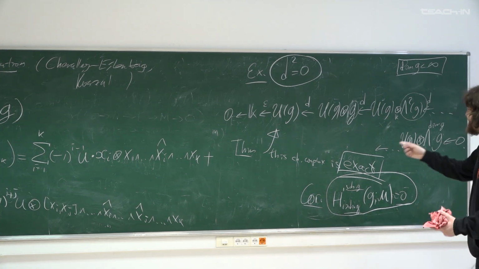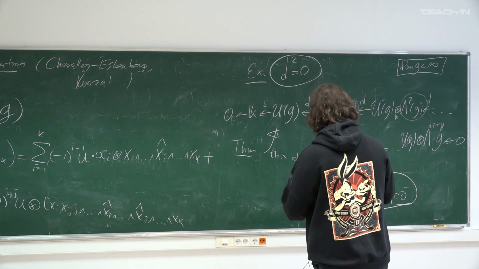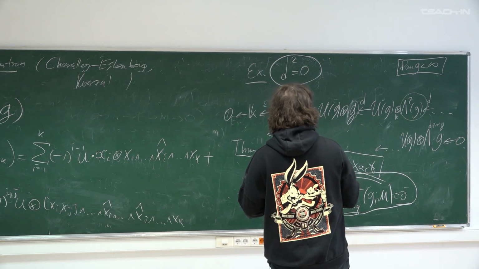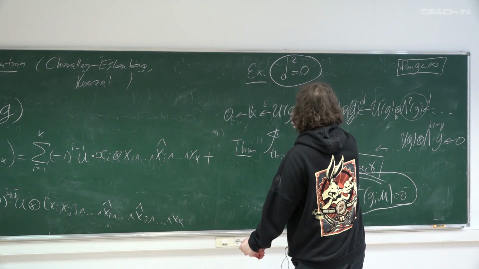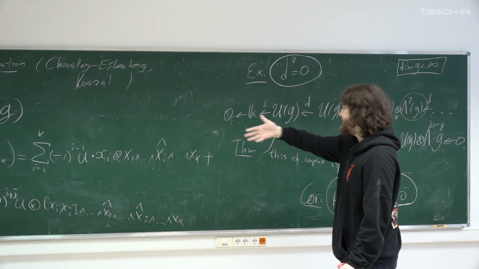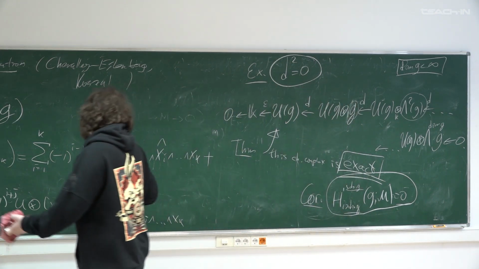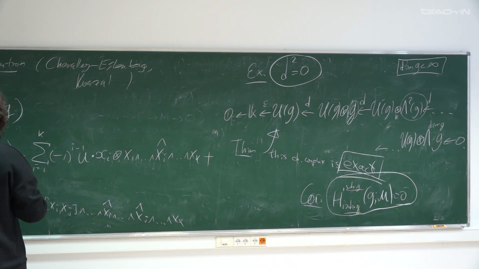Okay, now we need to check that this is exact. We will use this resolution because, for example, in low dimension these differentials are very explicit and not very hard.